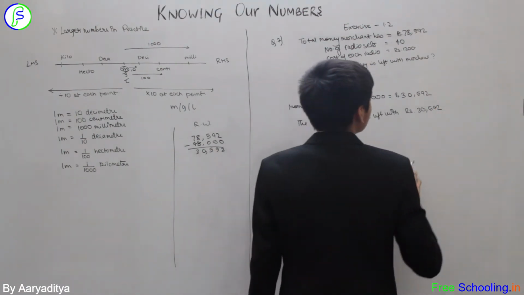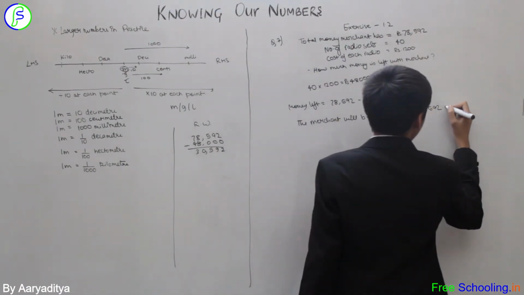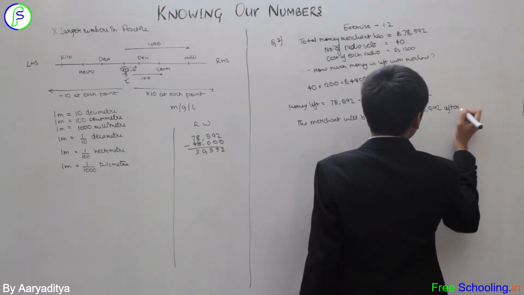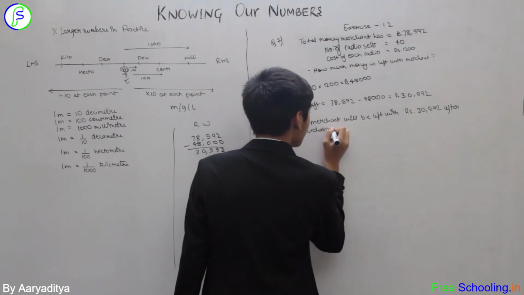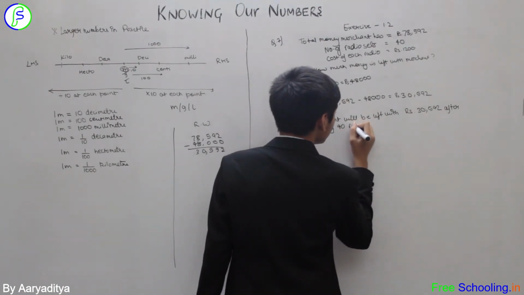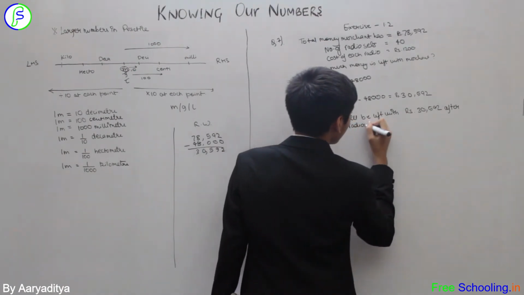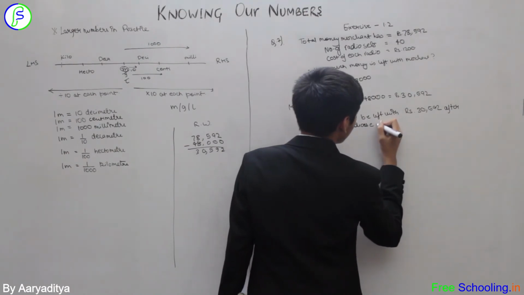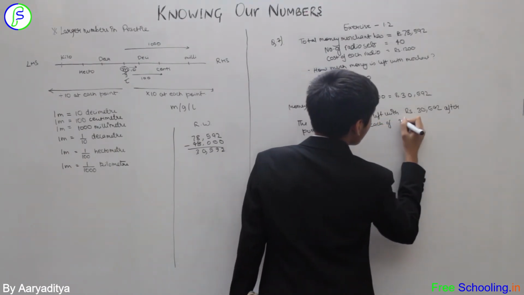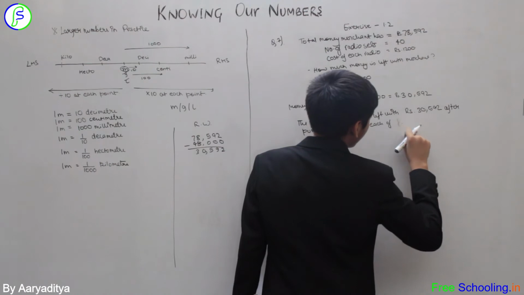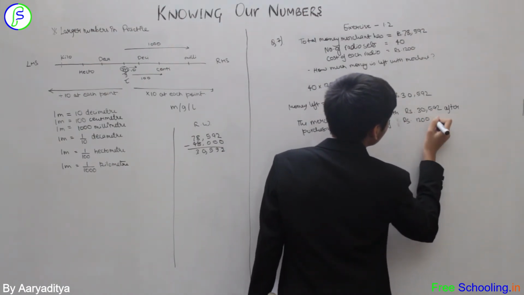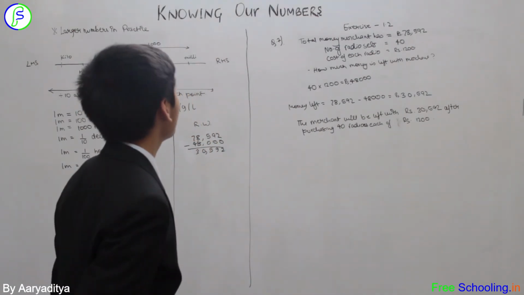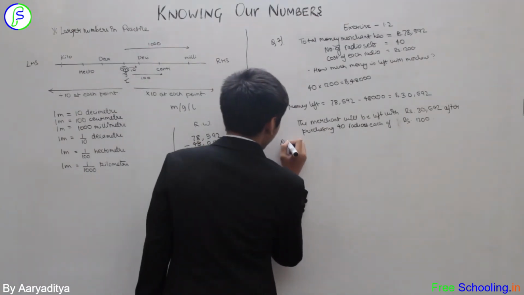Left with rupees 30,592 after purchasing 40 radios, each of rupees 1200. So this will be the statement of question number 7. Let's move on to question number 8.